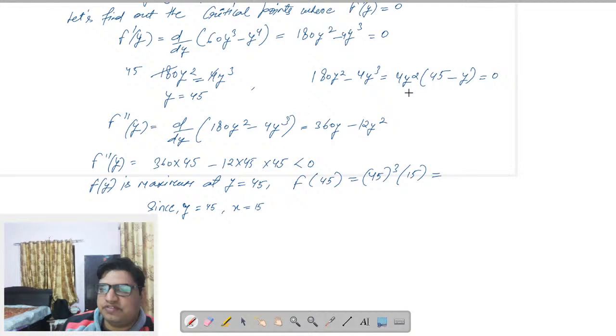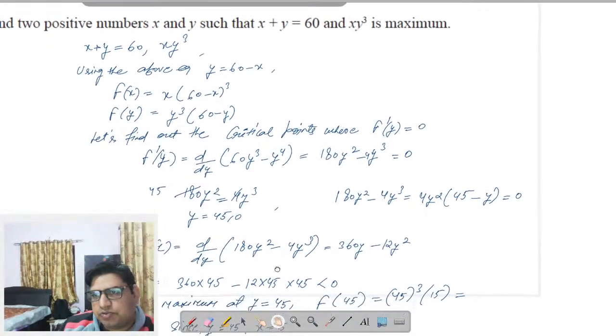So one value is 0 and the other value is 45. For y equal to 45, x is 15, and for y equal to 0, x is equal to 60. And we are supposed to find the maximum value.